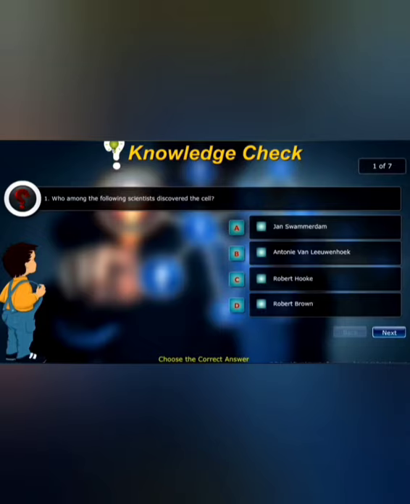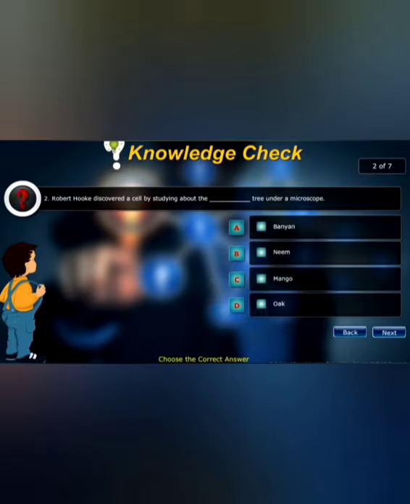First question. Who among the following scientists discovered the cell? Option A. Jan Swammerdam. Option B. Antony van Leeuwenhoek. Option C. Robert Hooke. Option D. Robert Brown. Question number 2.